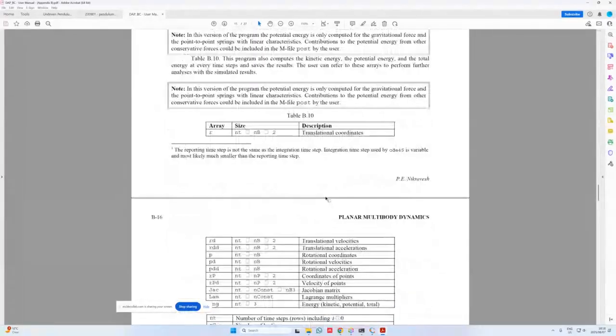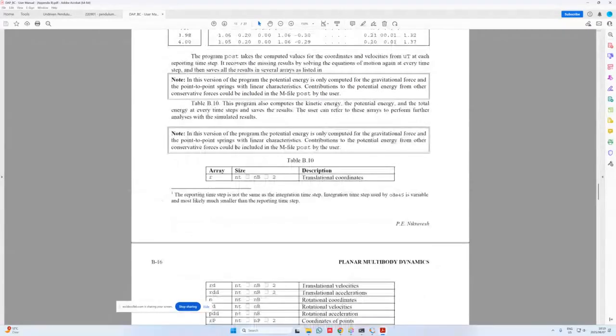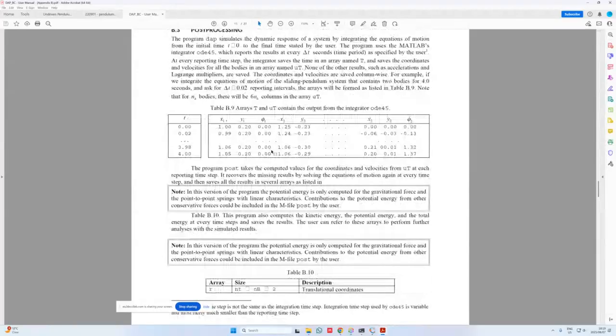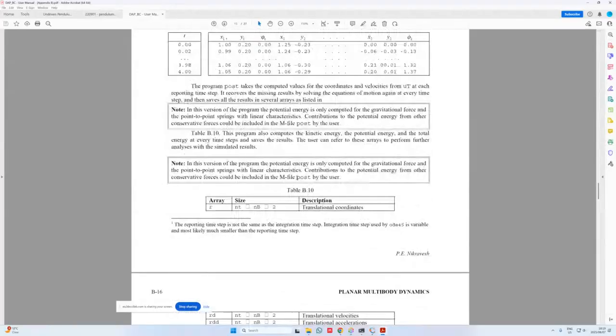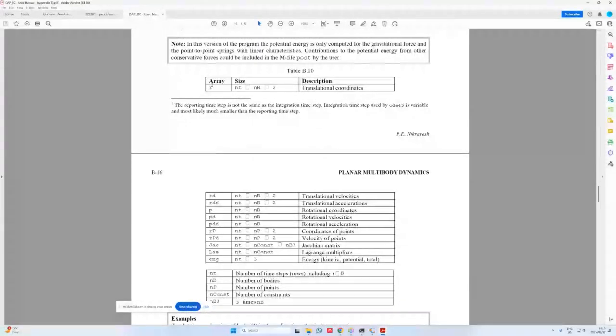All right, so in this case, you'll notice that this is under post-processing. And once I type in the post command, it generates this list of arrays that I have over here.